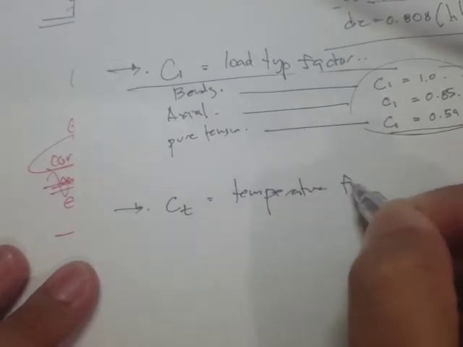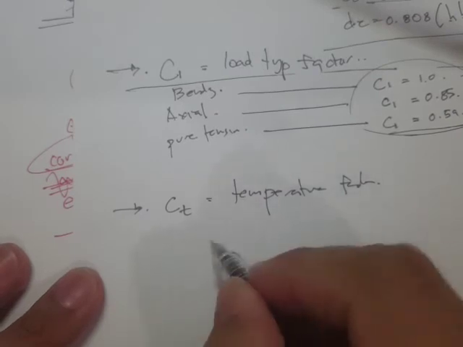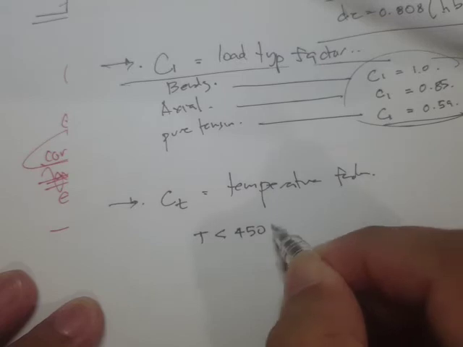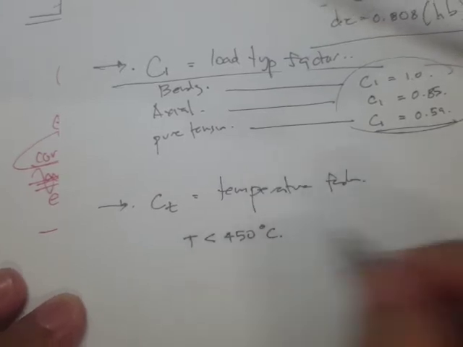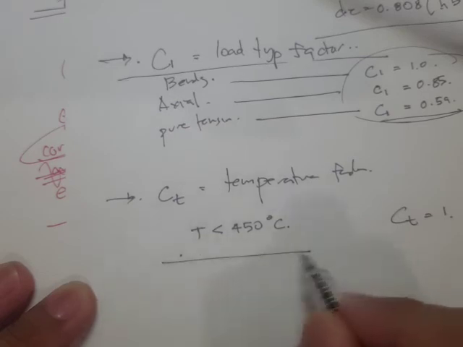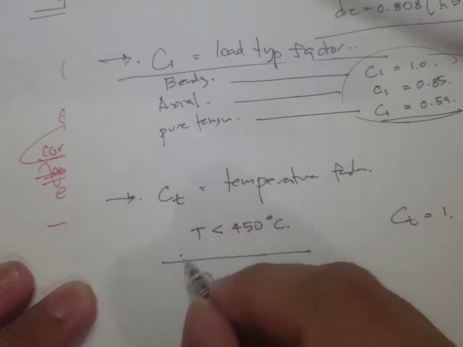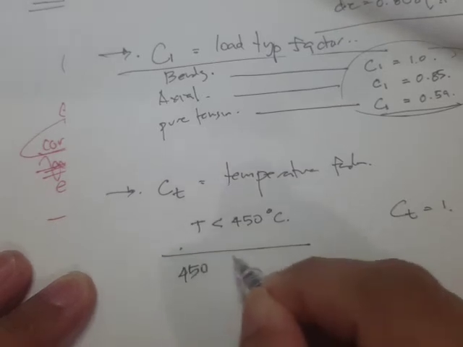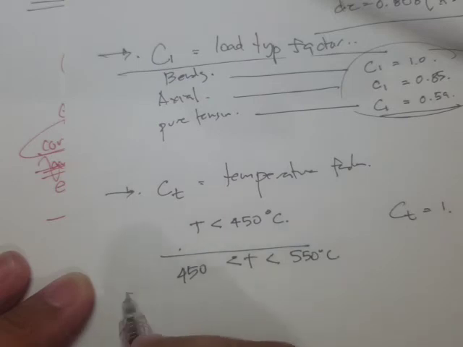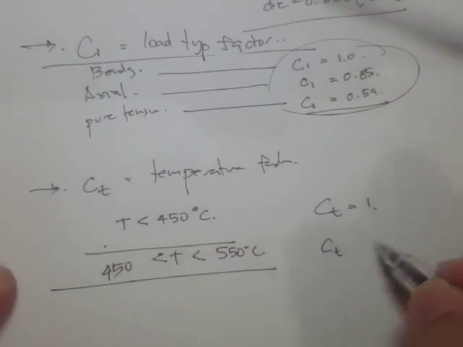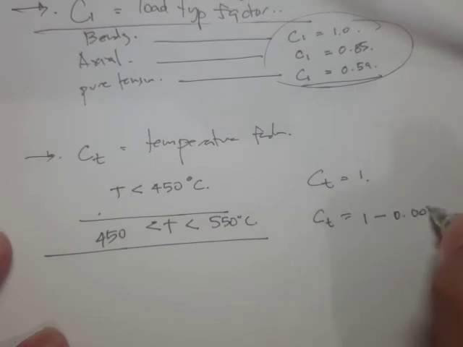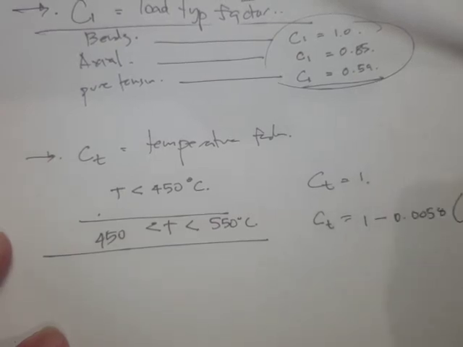Okay, what else? We also have the temperature factor, C sub T. Right? So for the temperature factor, if we have a temperature less than 450 degrees C, then the C sub T is equal to 1. And if it is in some range higher than this one, let me just write it here, degrees C. So if we have this range, then our temperature factor is 1 minus 0.0058 (T minus 450).